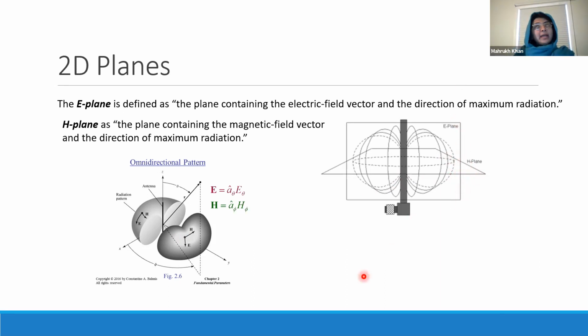In the case of a dipole, these planes are the same, but they may or may not be the same in all cases, because your E field direction may or may not be in the direction of elevation. So based upon the direction of the vectors, your planes can change. But in a dipole, azimuth is equal to the H plane and elevation is equal to the E plane. Okay?